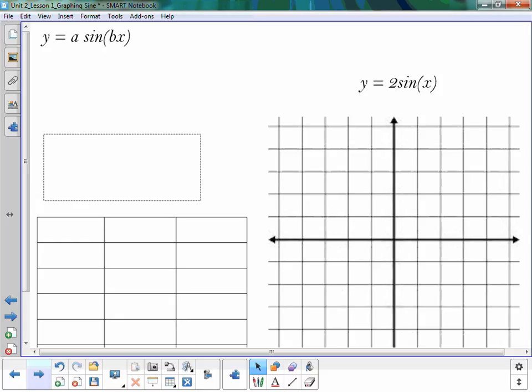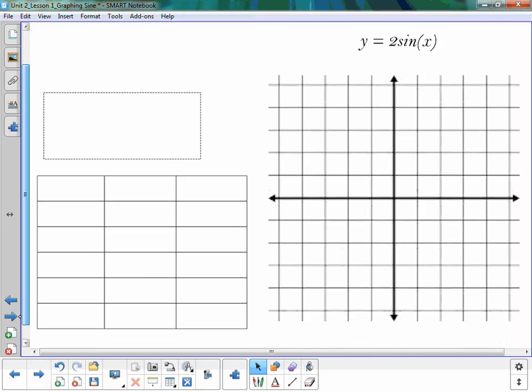So we're not going to graph just regular sine. We're going to change it up, and we're going to squish it, stretch it, and all that stuff. The first thing I want to do is change the amplitude. So we're going to graph y equals 2 sine x.